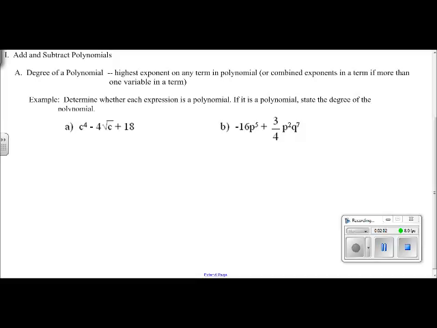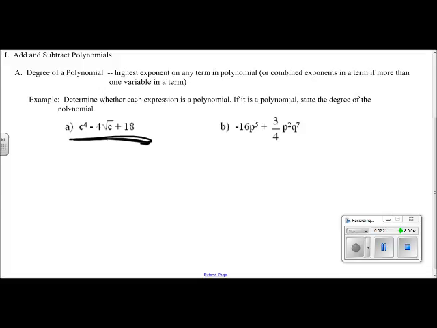So first in our examples, we need to determine whether each expression is a polynomial or not. And if it is a polynomial, we'll state the degree. Our first expression is c to the 4th power minus 4 square root of c plus 18.